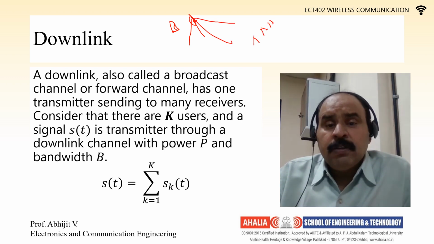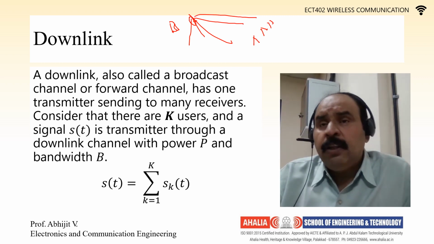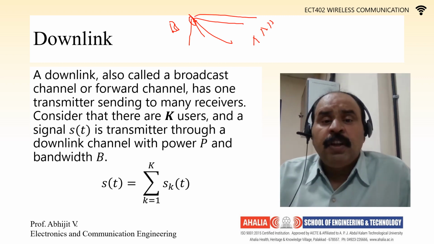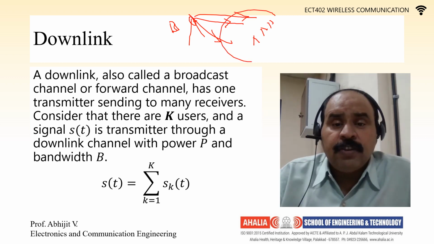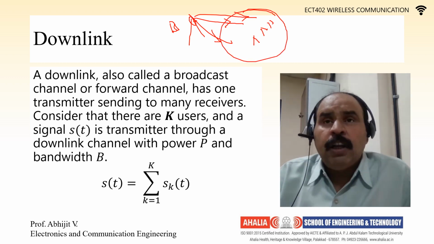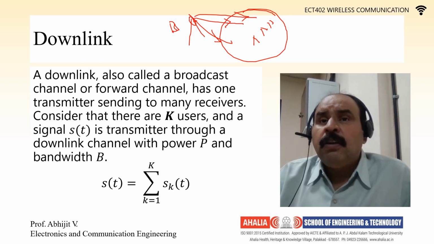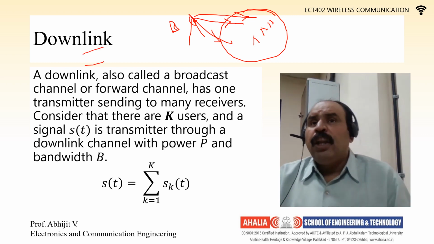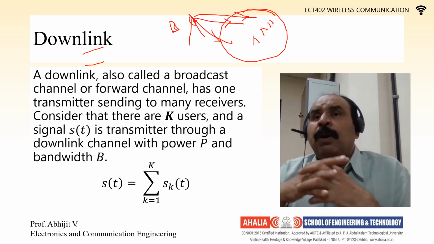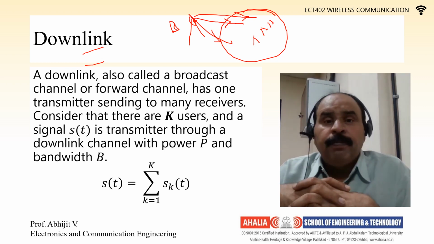When there is a transmission from this to this, make sure these arrows are very important, because we start from the transmitter and reach the receiver here. This is called downlink.